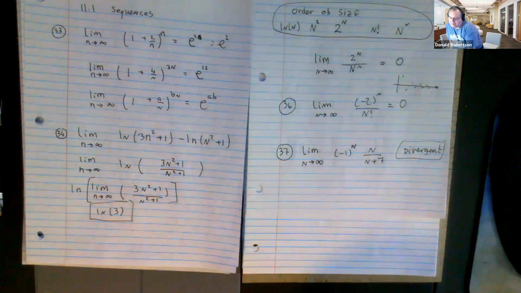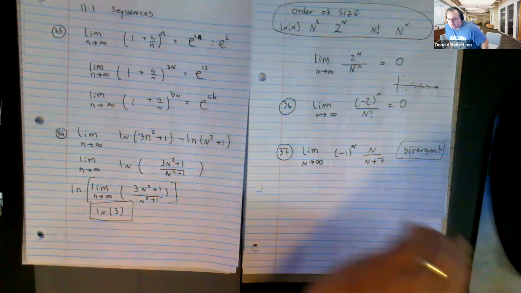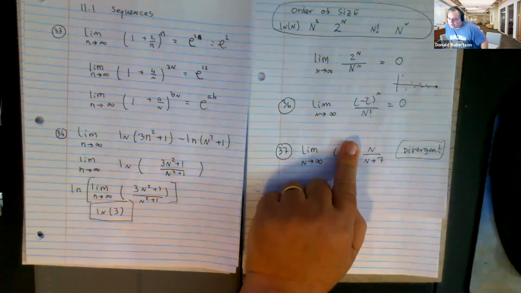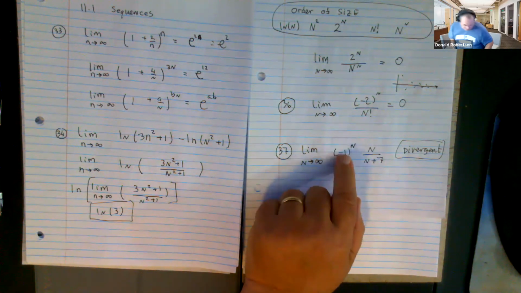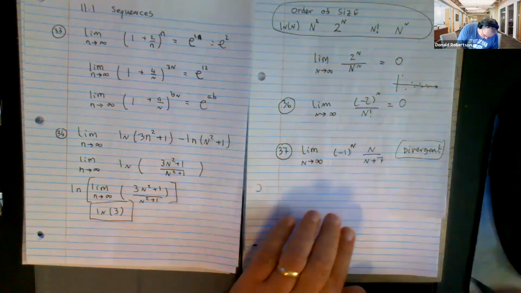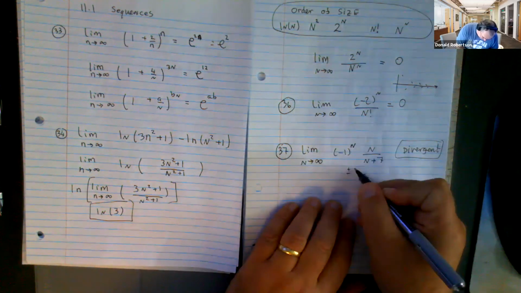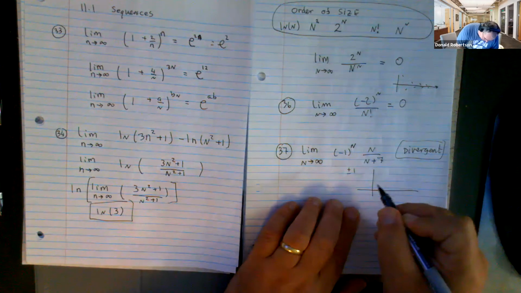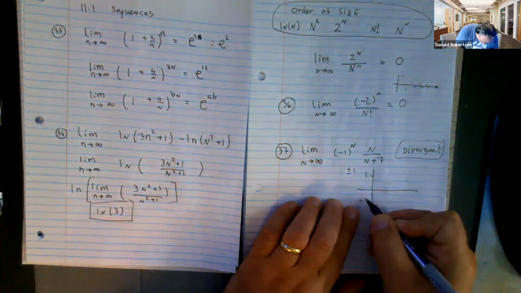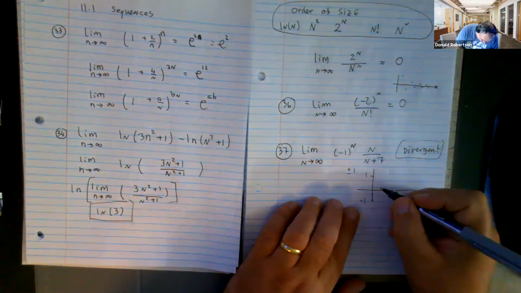Now, you might be looking at that and thinking, wait a minute, forget about this for a minute. What's the limit of n over n plus 7? Well, the answer is 1, isn't it? But what happens with this one? If I sketched it and I put, say, 1 here and -1 here, what you would probably see is that it would look something like this.